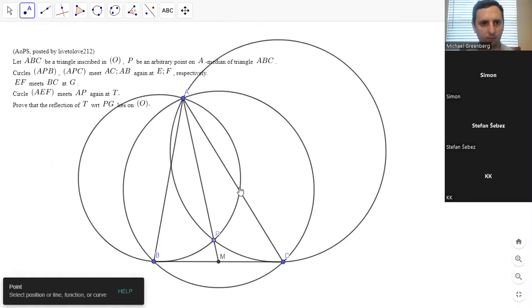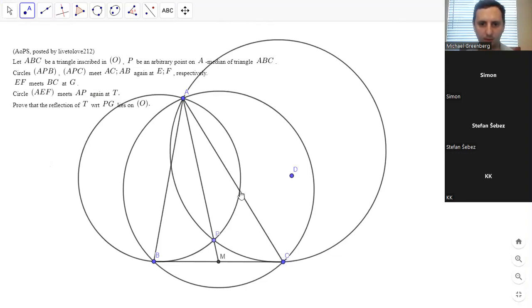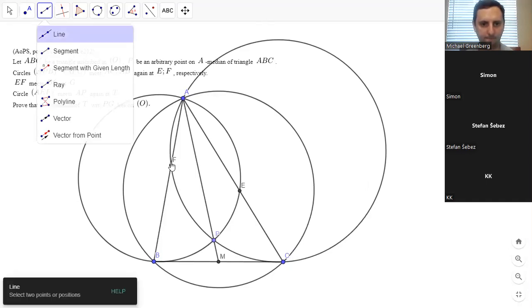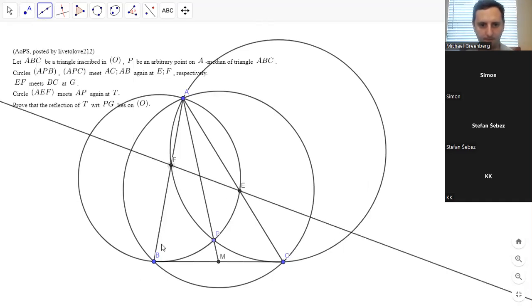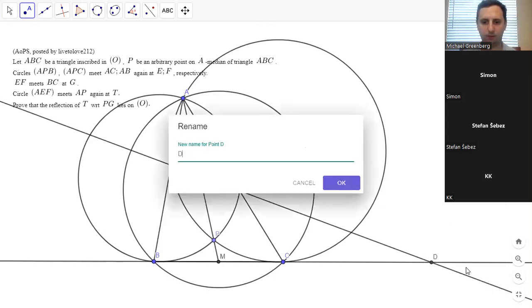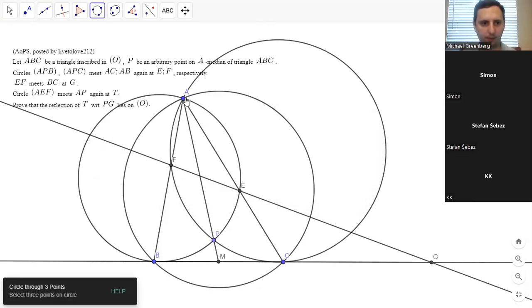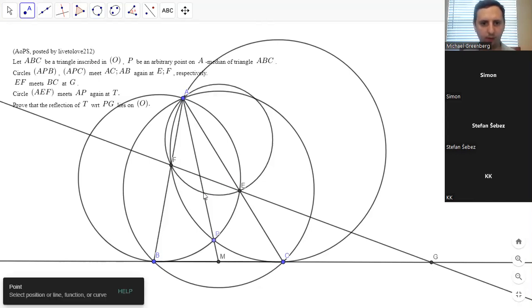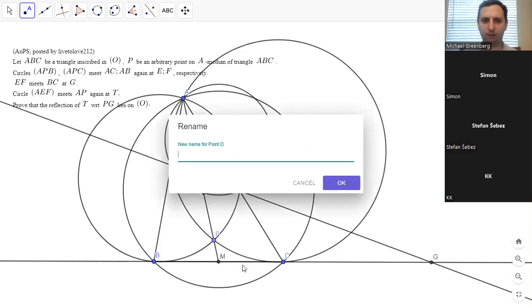So this should be E. And that'll be F. And then EF meets BC at G. So that's point G. And then the circle AEF meets AP at T. And we want to show the reflection of T over PG lies on the circle. This looks interesting.